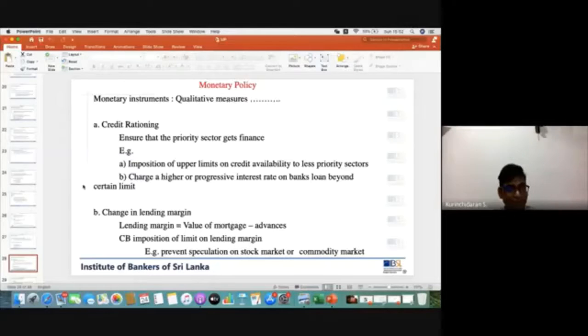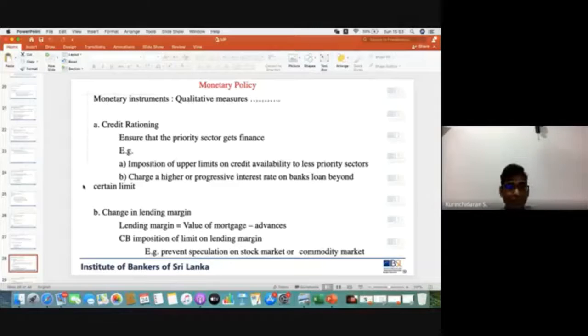If some sectors are neglected because of a perception of being too risky, let's assume the agriculture sector is exposed to more risk than others because it depends on weather conditions, right? Harvesting is very difficult to forecast. So many banks neglect the agriculture sector.